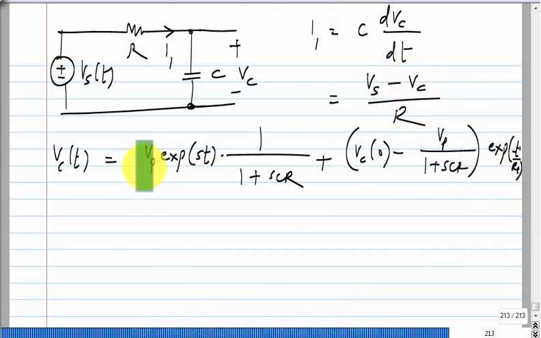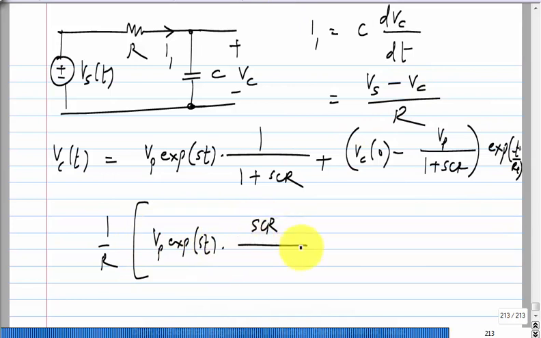So, Vs minus Vc, what that will give you is Vs minus Vc gives you Vp exponential St, minus this whole thing basically.